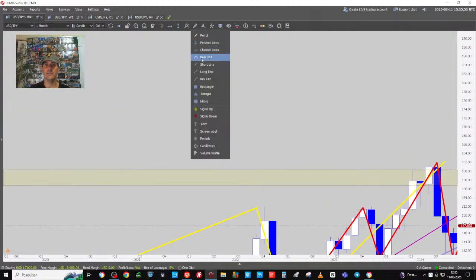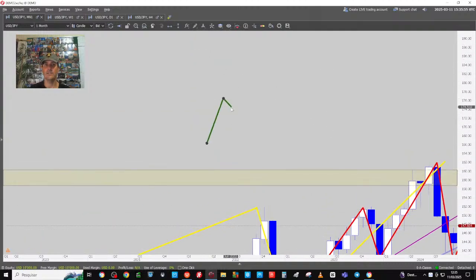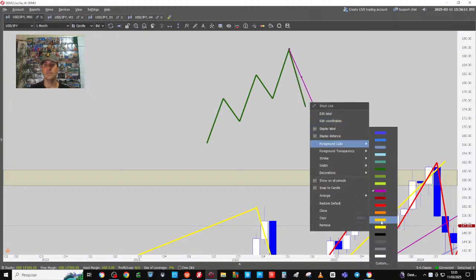Boss, I don't get it. Extension, retracement, extension, retracement, extension. When the market breaks the low of the trend, is this an extension leg, the yellow one?